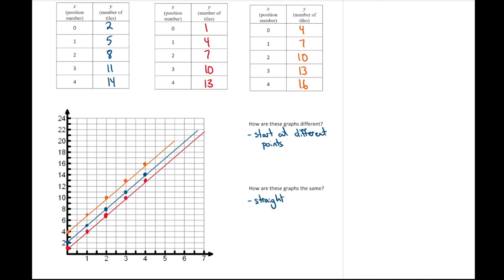Visually, we can see that. And if you took a closer look, you might also say that they are parallel. Parallel kind of means the same, or you could say same slope or same steepness. They're not increasing or decreasing by a different amount.